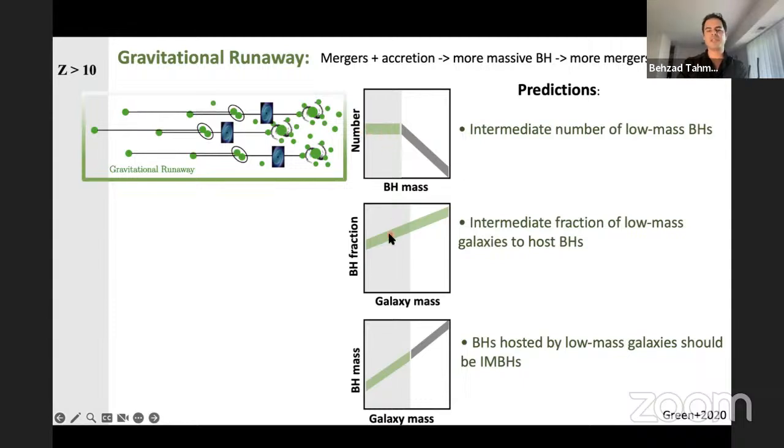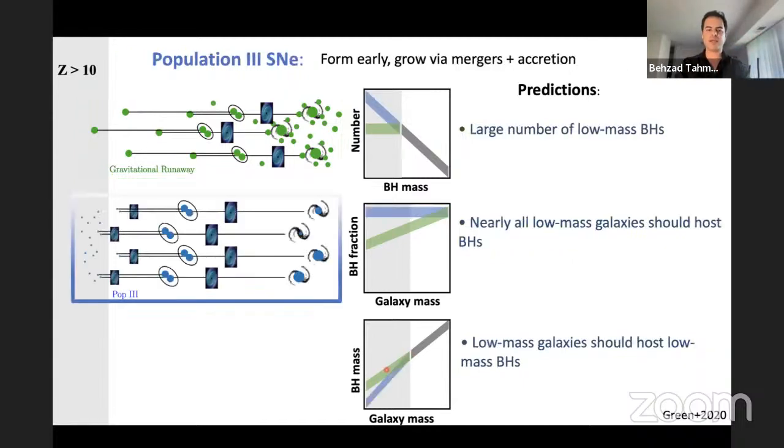And also it predicts that an intermediate fraction of low mass galaxies host black holes. And the black holes hosted by low mass galaxies should have intermediate black hole mass, not very massive or supermassive black hole mass.